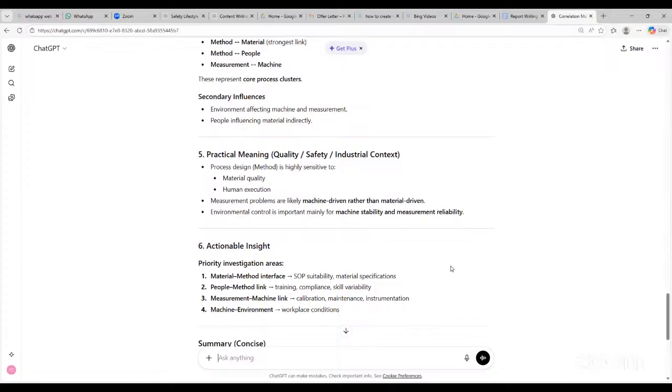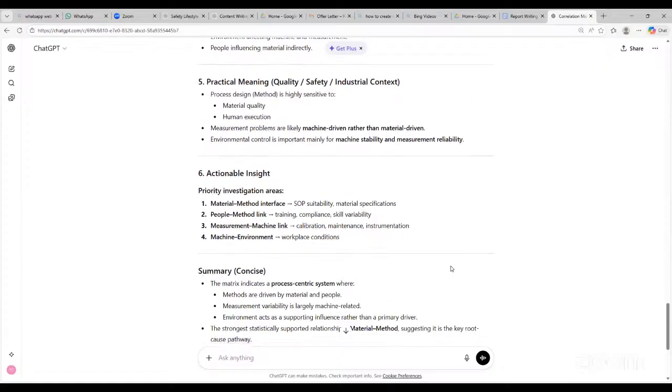Practical meaning, in quality, safety, industrial context, process design: method is highly sensitive to material quality and human execution. Measurement problems are likely machine driven rather than material driven. Environment control is important mainly for machine stability and measurement reliability.